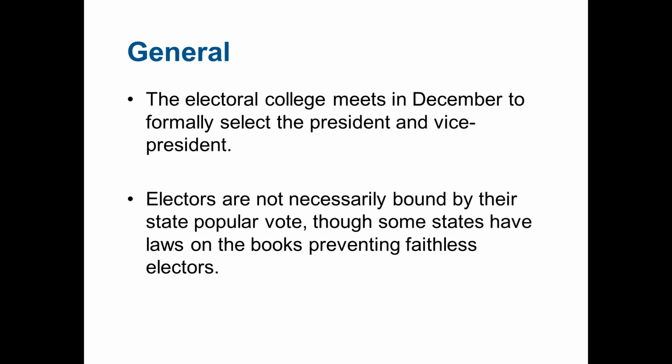What happens is, whoever wins in a given state, so in New York, Hillary Clinton wins, a set of electors who are beforehand known to support Hillary Clinton get selected to go and vote for her when the state electors meet in December. This happens across the country on one day, and then they report back their electoral vote to Congress.